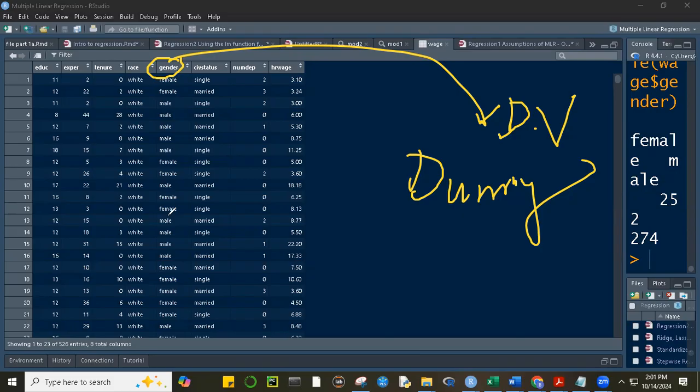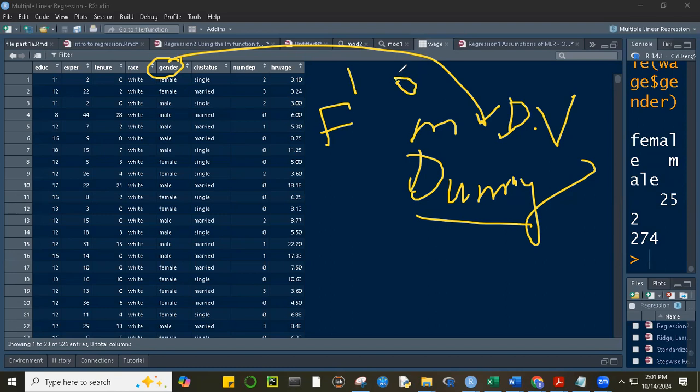Okay, alright. So, di ba, check natin class yung cross tabulation ito, female at saka male. So what will happen is that in order for this to be part of your regression, kailangan i-dummify natin siya. When you say dummify, it will be converted usually into either a 1 or a 0.